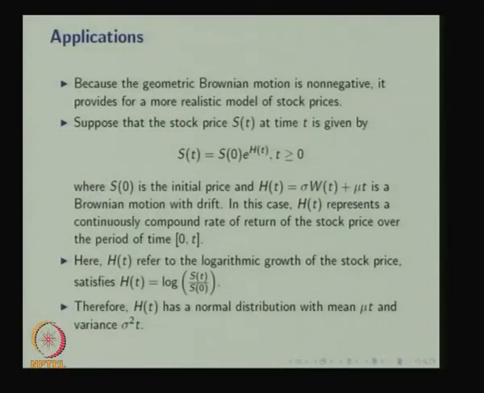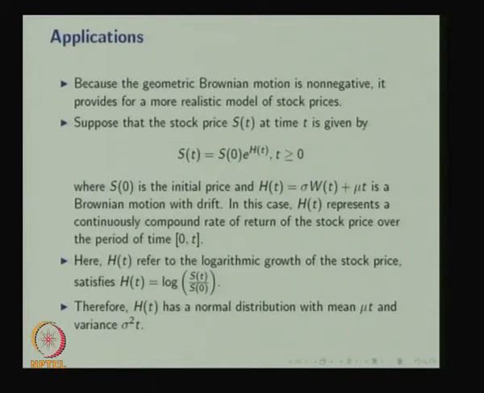So the geometric Brownian motion is a non-negative random variable for fixed t. It provides a more realistic model for stock prices, whereas one cannot use the Brownian motion to model the stock prices.